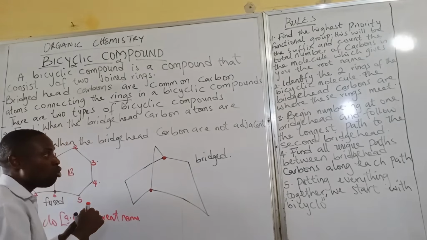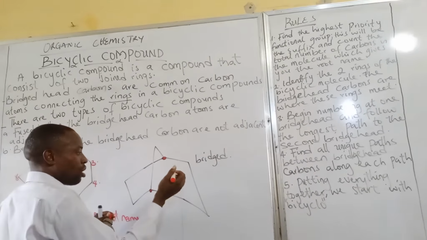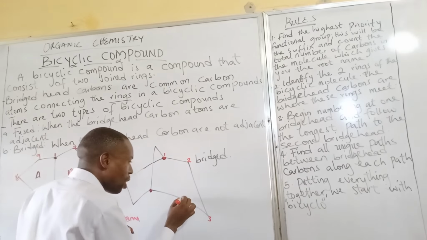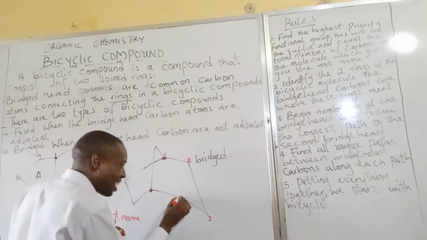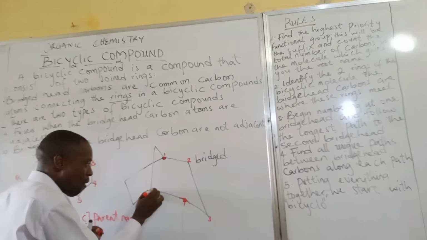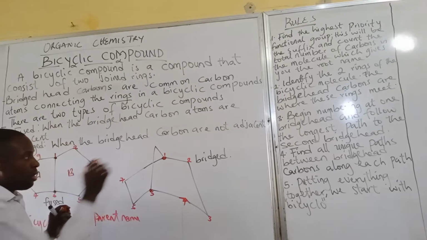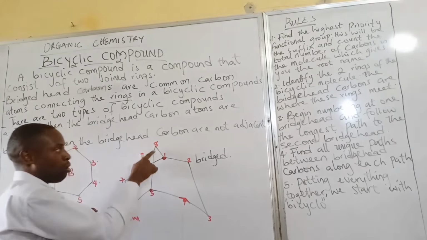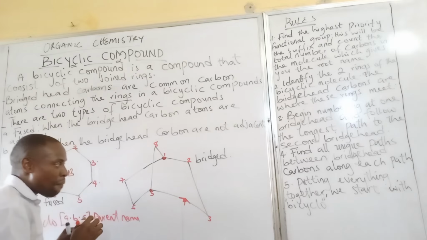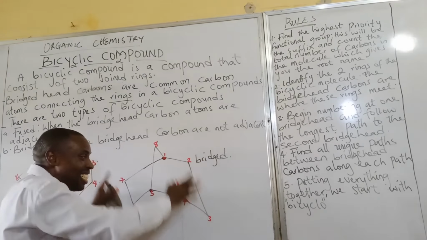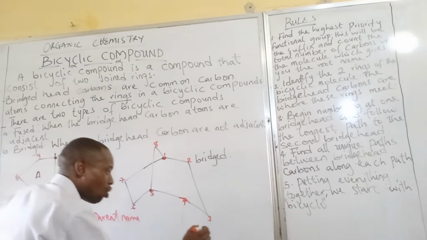So it means your number will start from the largest part, which is here. You start from here with 1, 2, 3, 4. Remember, there's a carbon here. 4, 5, 6, 7. And then here becomes 8. That is the carbon atom here. Now it means this compound you are seeing here is an octane.